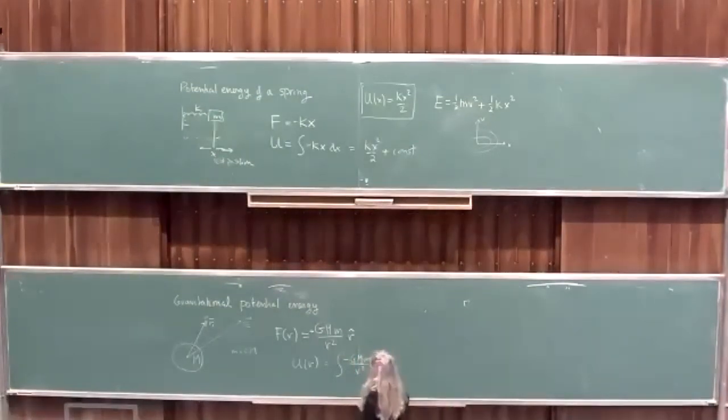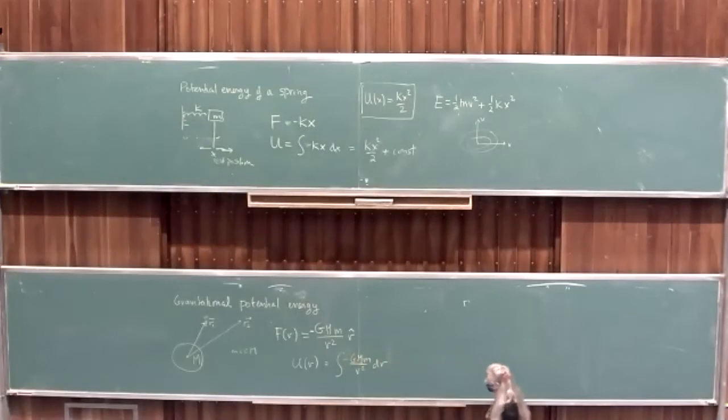Squared dr, and we get a minus sign, because grad U is minus F. So this is minus G M m over R, plus a constant. If I take the derivative of this, I get minus G M m over R squared. Usually the constant we ignore in this setting.